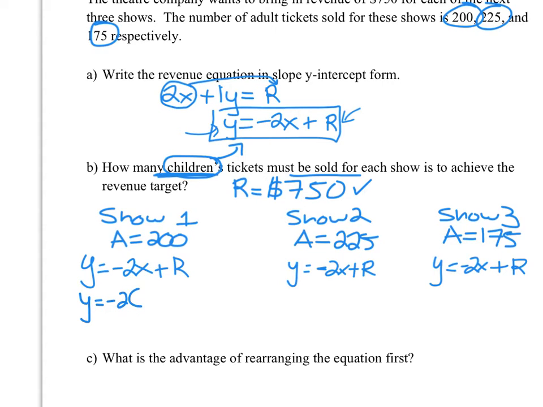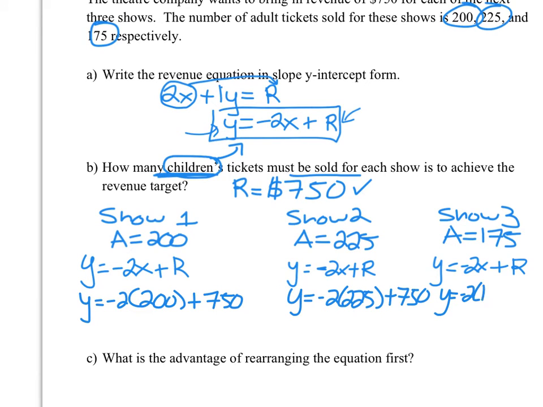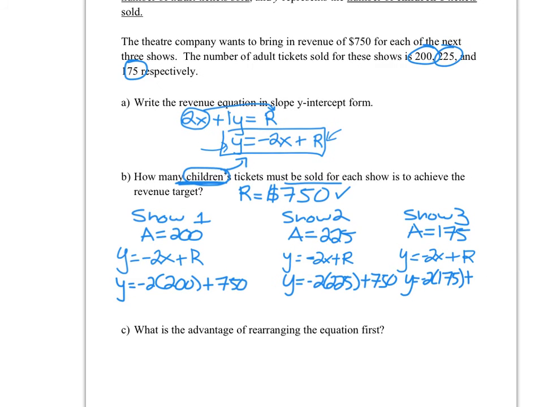X represents the number of adults, which in our first show is 200, plus our revenue, which needs to be $750. Y is equal to negative 2 times 225 plus 750. Y is equal to negative 2 times 175 plus 750.